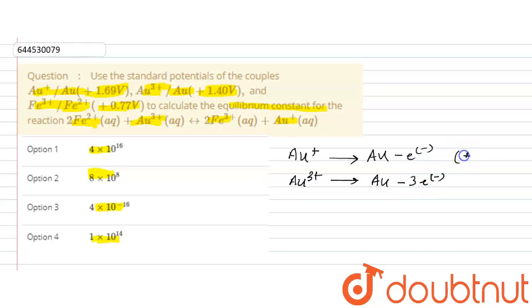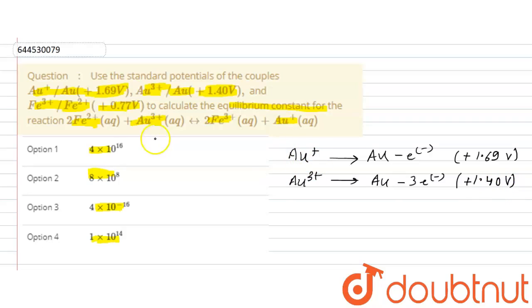So for here it is +1.40 volt, right? The first one is +1.69 volt and the second one is +1.40 volt. So these are the two equations which we know.